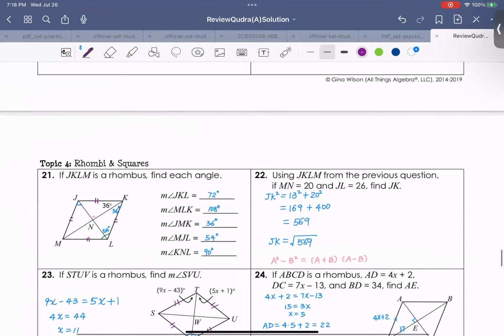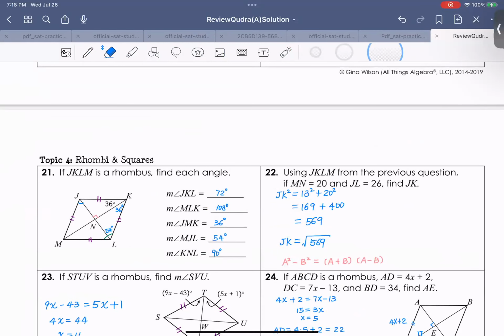Now let's keep doing. Now we will have the rhombus. For the rhombus, the property of a rhombus is all four sides are equal. And the diagonals are perpendicular to each other and also bisect each other. So there are four right triangles identical to each other.